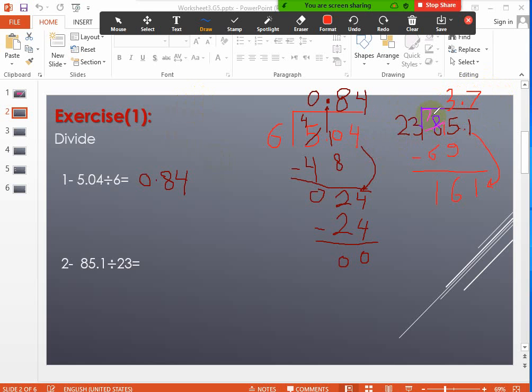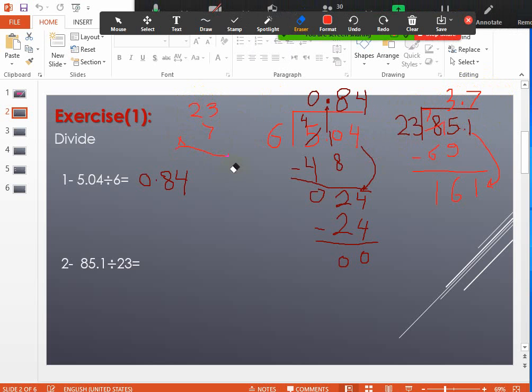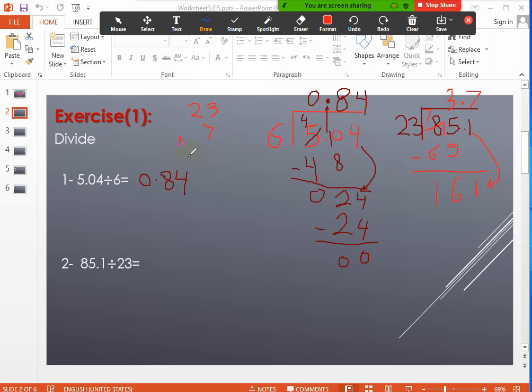Yes, if you multiply 23 by 7, as an example here, 7 multiply 3 equals what? So I will put 1 here and 2 here. 7 multiply 2, 4 plus 2.